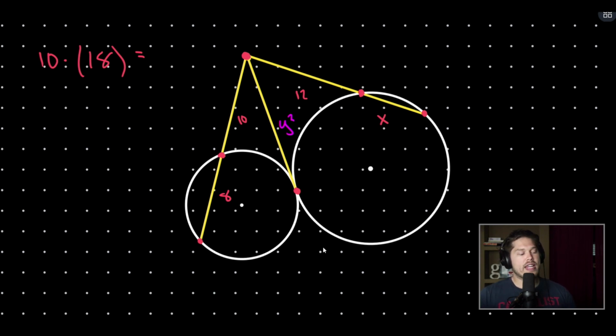But notice the right-hand side must also equal y squared. So we can set the left-hand side equal to the right-hand side. The left-hand side of 10 times 18 must equal 12 times 12 plus x.